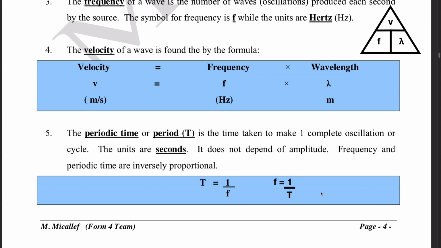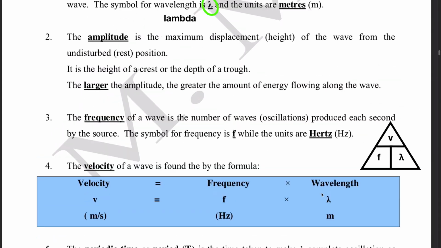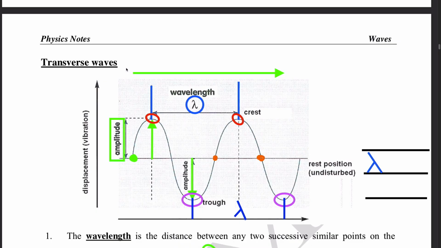So if we go back to the example at the top of page 4, we said that for all of this wave to happen, we're going to imagine that it is taking 1 second. And we said that since there are 2 complete waves, the frequency is 2 hertz.